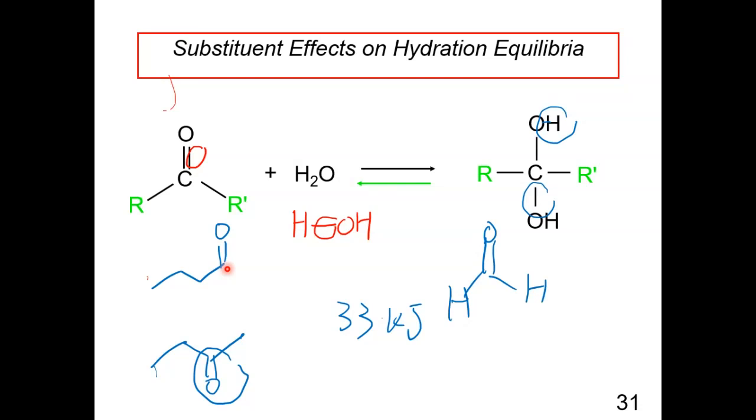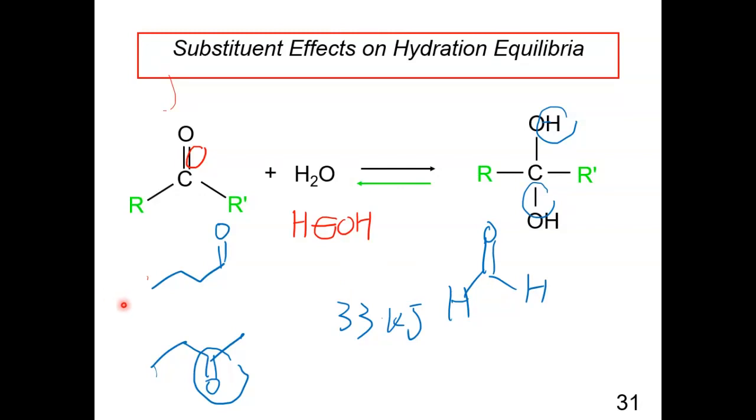We don't have a number to back it up because these two are not isomers, so we can't measure heat of combustion. But this and this differ by basically one alkyl group, which is about 33 kilojoules per mole of stabilization. Let's just do a rough extrapolation: this one is another 33 kilojoules per mole less stable than this.